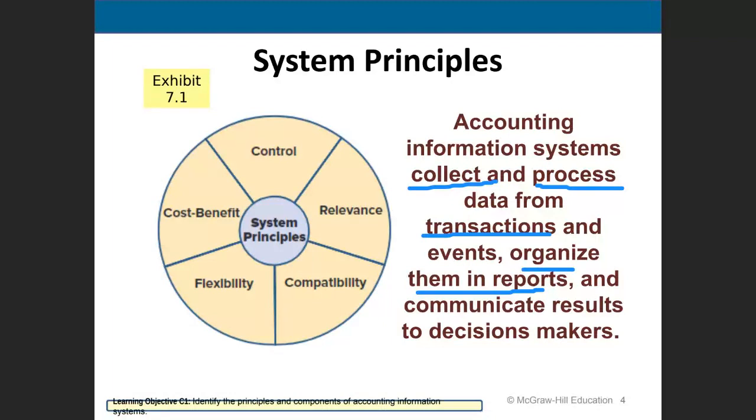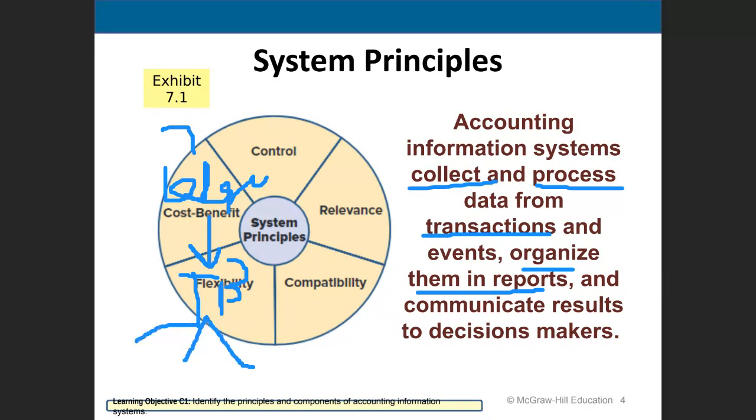So the accounting information system is, imagine we have an accounting application, a accounting program. We write the journal entries, and the application itself, from the journal entry, will post to the ledger. From the ledger it will prepare the trial balance, and from the trial balance it will give us different reports like the balance sheet, income statement, and even other reports.